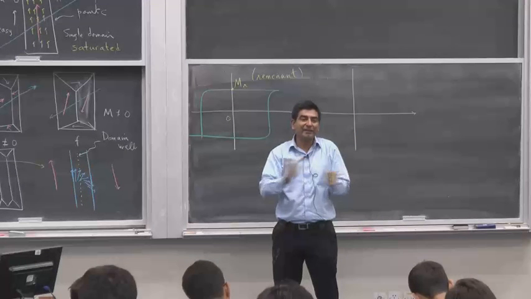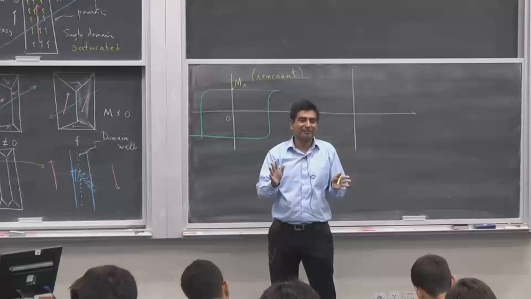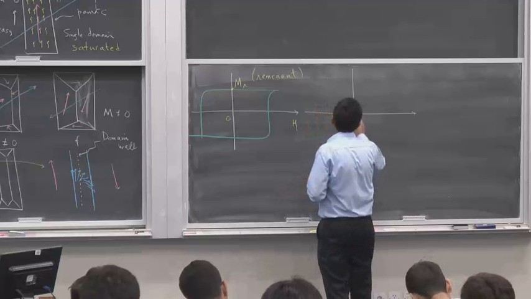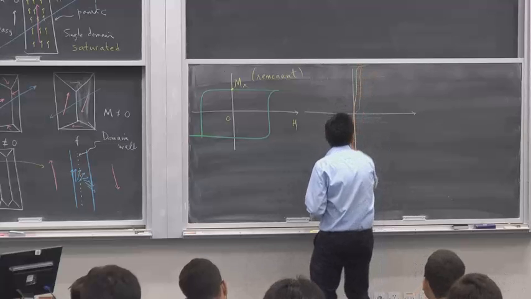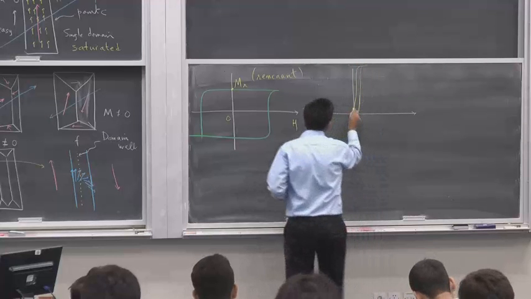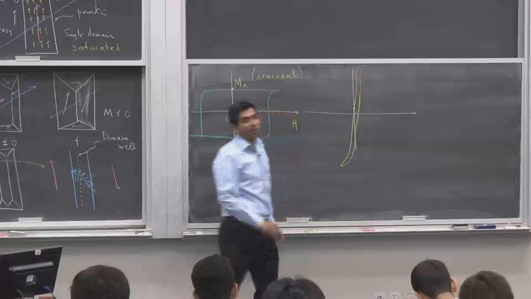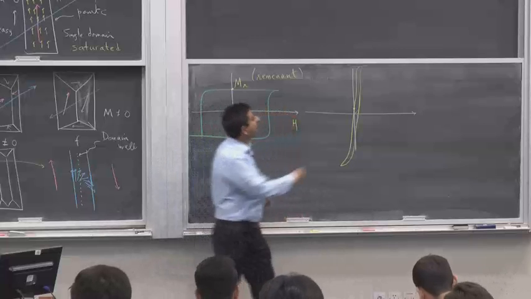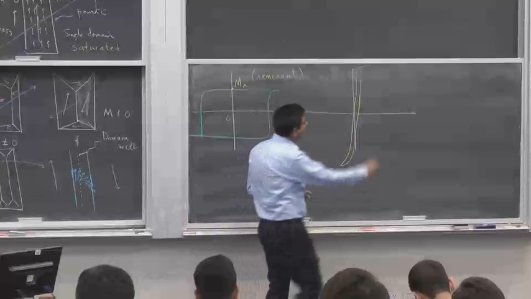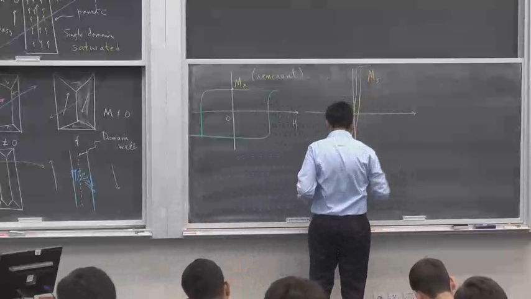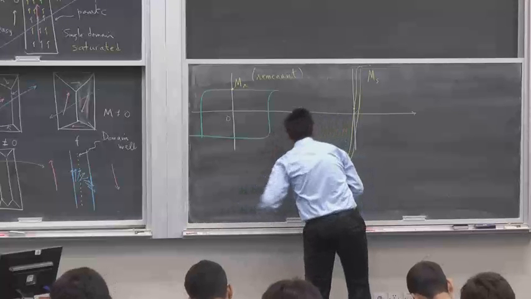So you do not want any remnant magnetization. So what you really want is a loop that resembles this. You want remnant magnetizations that are really small. But you would like to have strong magnetization, so you would like to have strong MS. This MS means saturation magnetization.